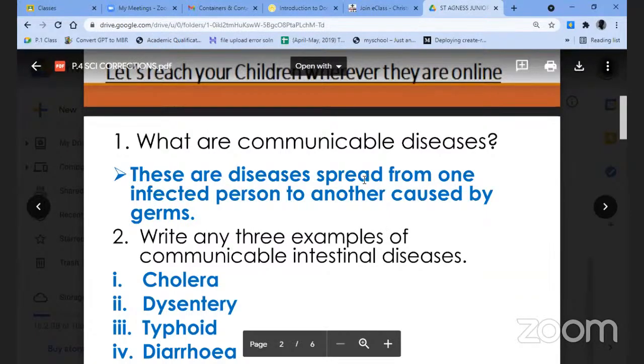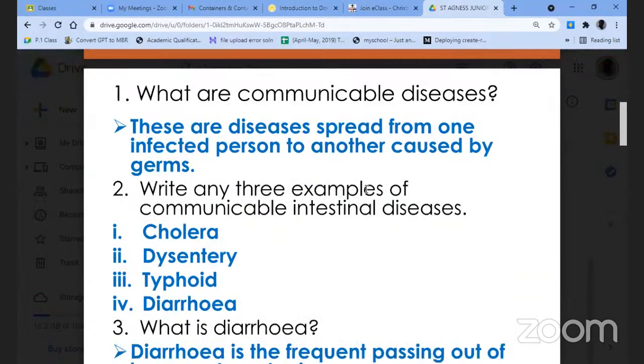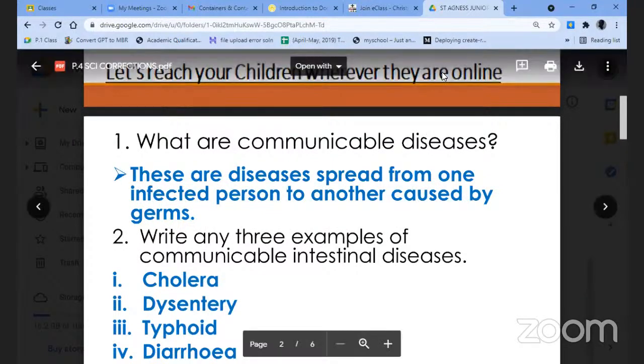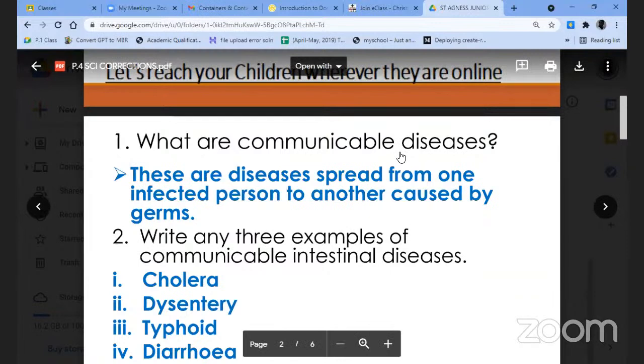Let me just explain those 2 questions. Here we are talking about communicable diseases. Okay, Eric, before you go to number 3, let it not be seen. Number 3. Okay, there you are. Here we are talking about communicable diseases. These are diseases spread from one infected person to another, caused by germs.